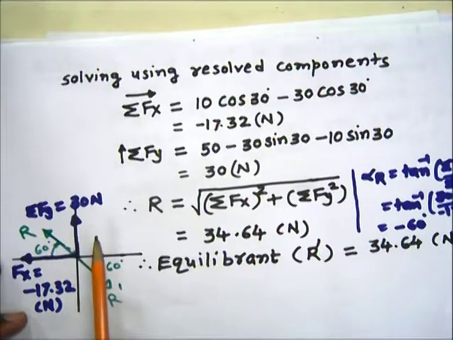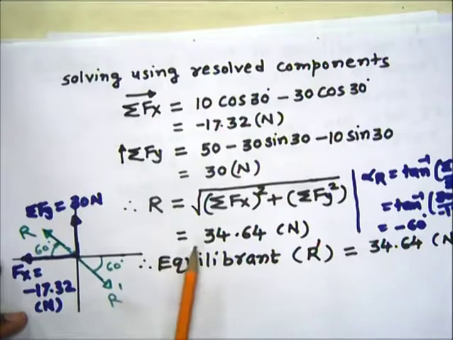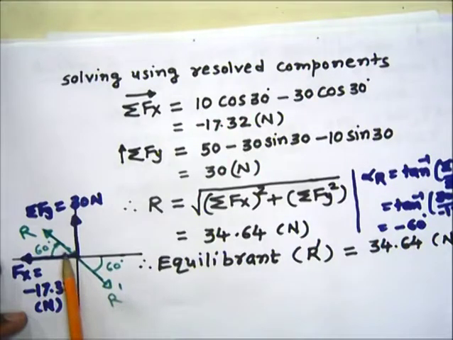Our equilibriant force will be exactly equal to this resultant but opposite in direction. So its magnitude will be exactly equal to 34.64, but its direction is exactly opposite to R.